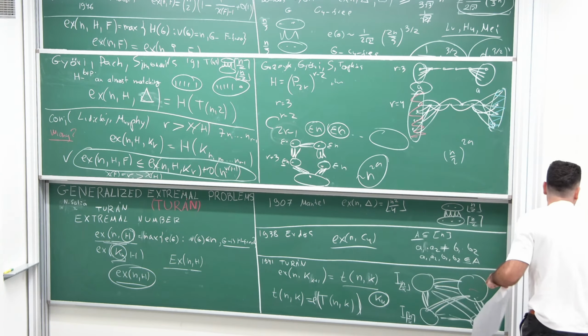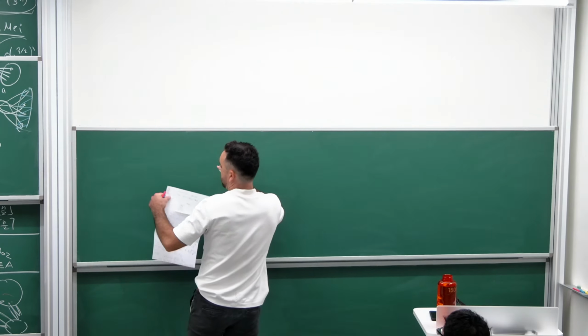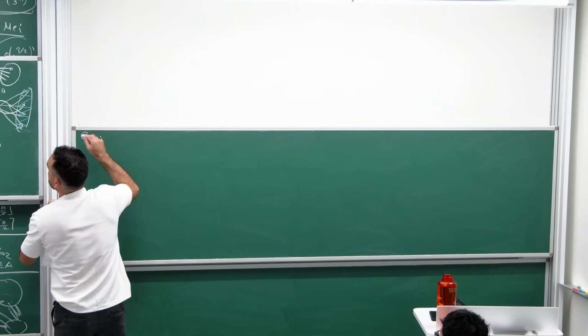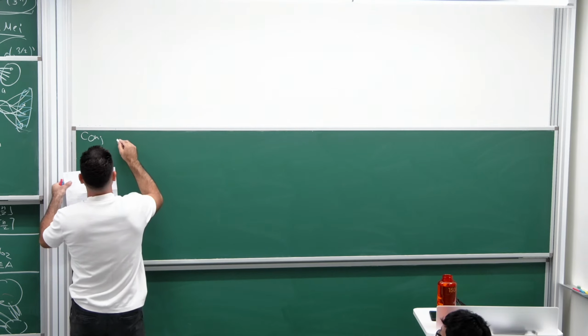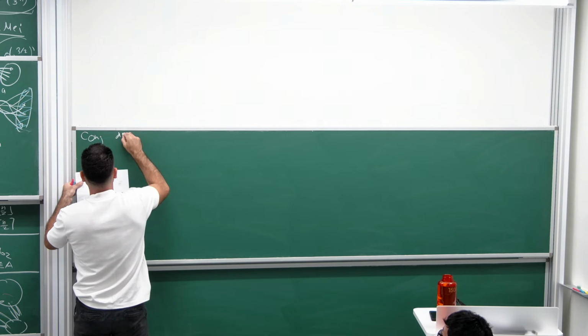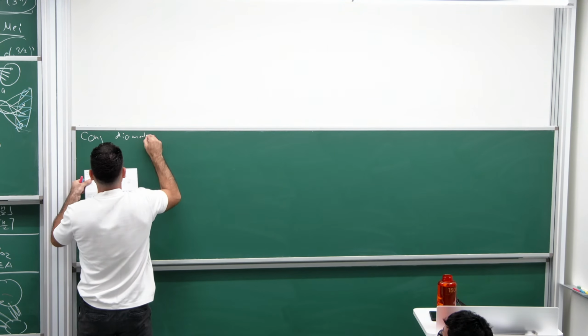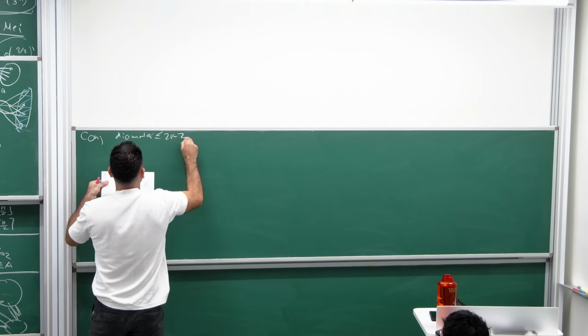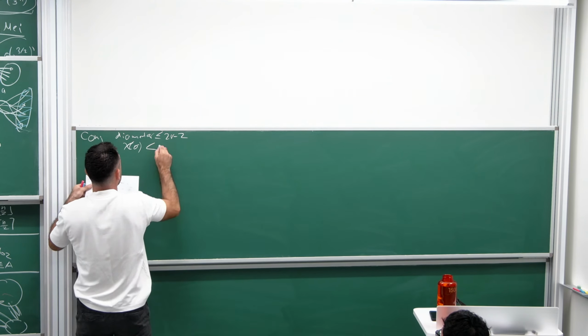So, conjecture, I will not rewrite the same names. So diameter at most 2r minus 2, chromatic number of G is at most r.